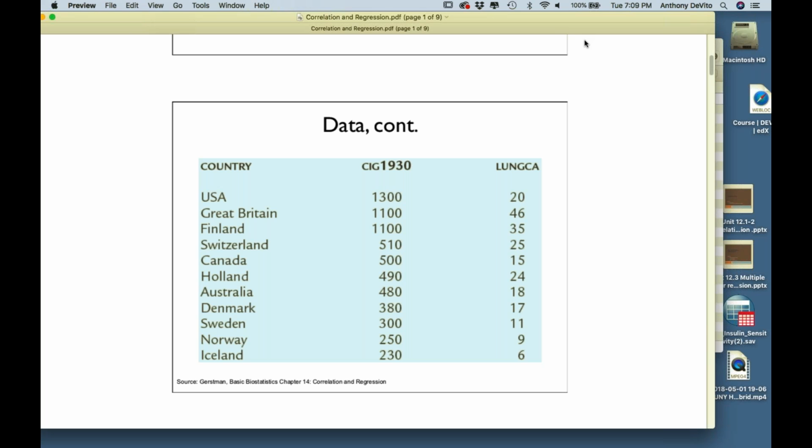So for instance, correlation doesn't mean that one thing is the cause of something else, just means that they're associated. For instance, if I told you that the amount of damage in dollars that is caused by a fire is correlated to the number of firemen that show up to the fire, would you say that that's plausible? Right? Makes sense, doesn't it? Are the firemen causing the damage? Sometimes, yes.